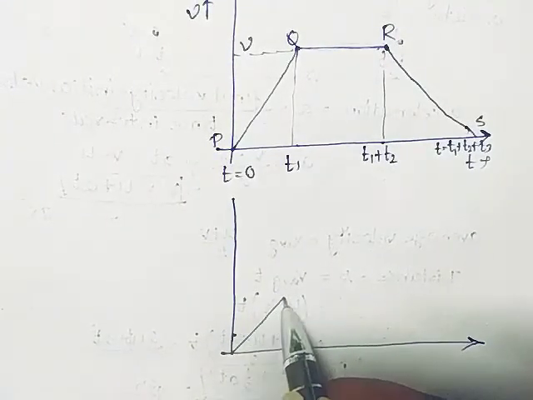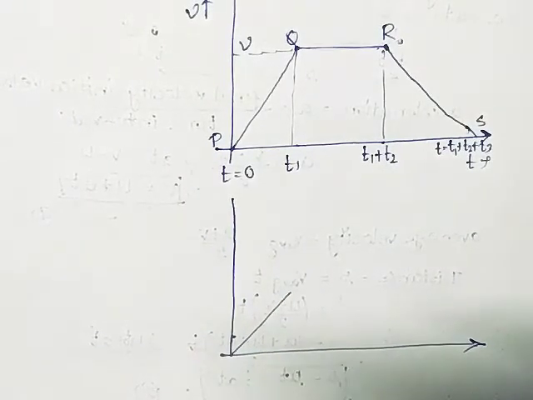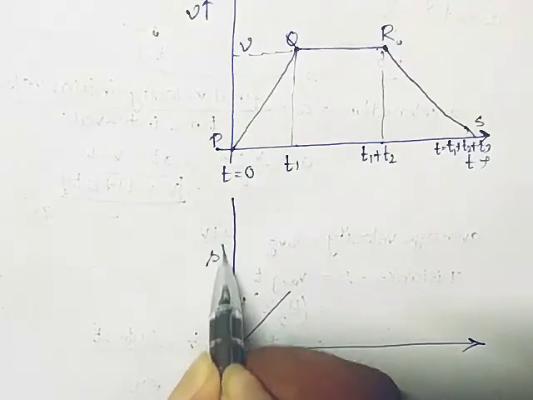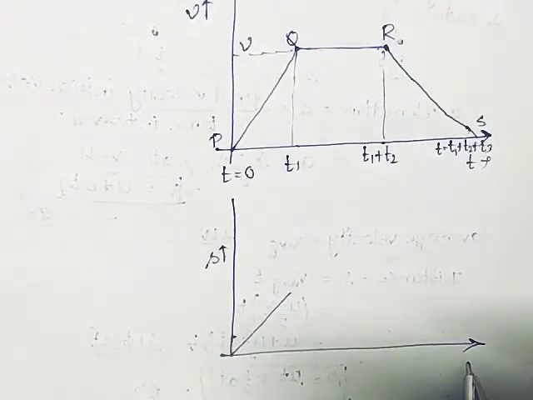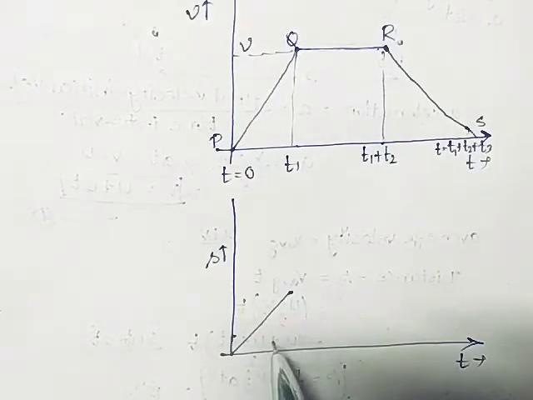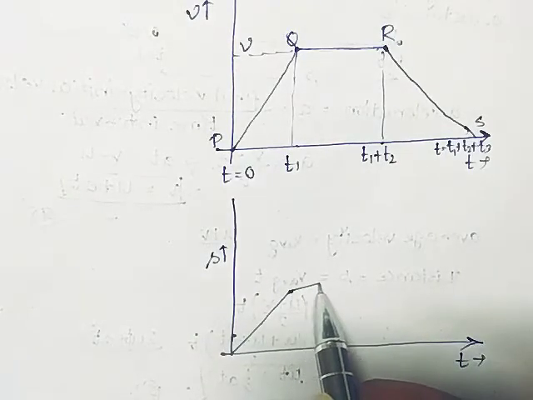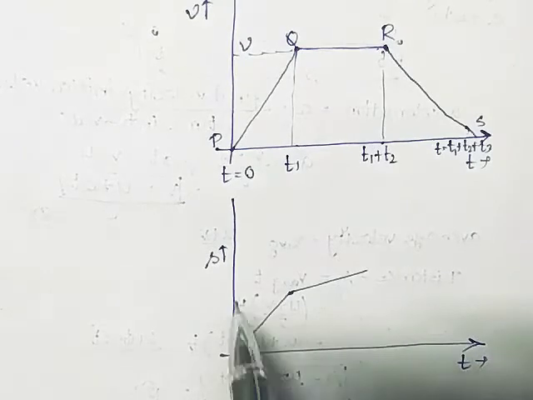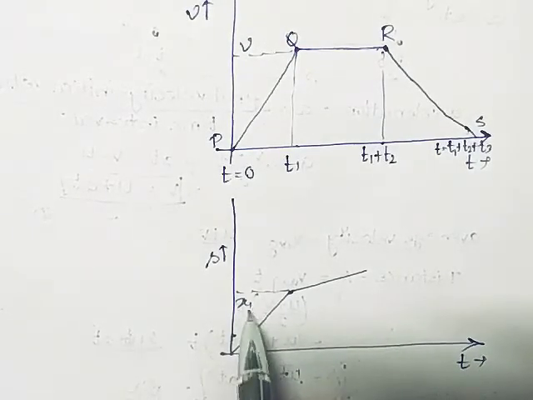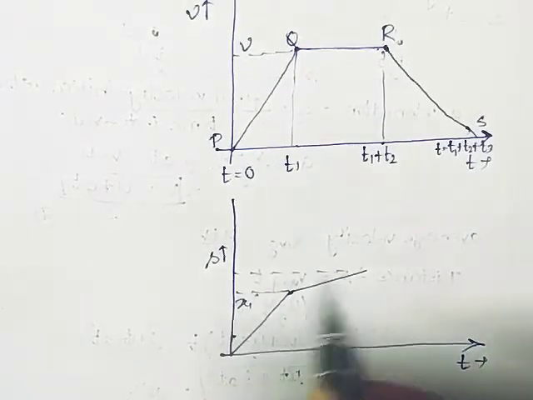Then it covers the first distance x1. The displacement increases in the displacement versus time curve. After that it moves the x2 distance. This is x1, and you can say this is the x2 distance.